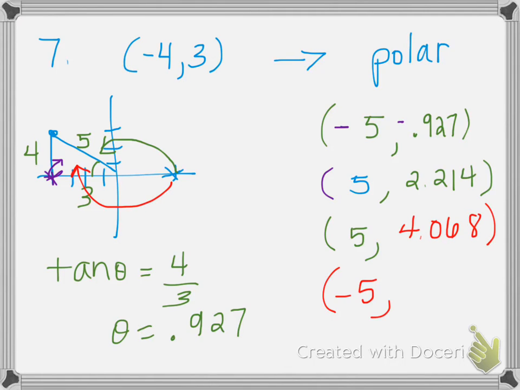And then lastly, I could start at -5, which is where I was starting originally with the purple, but I'd have to go backwards, which would be 2 pi minus that 0.927. And I would get 5.355. And it's positive because that's the correct direction.